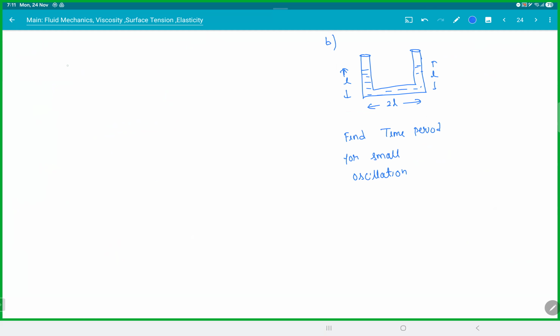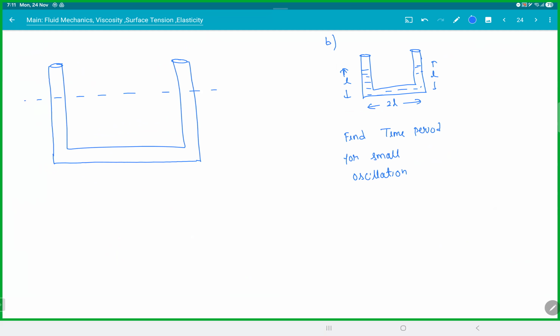So what we do for SHM, displace it by small x. Initially this was the height. Displace the liquid by x on one side, then the liquid will rise here.